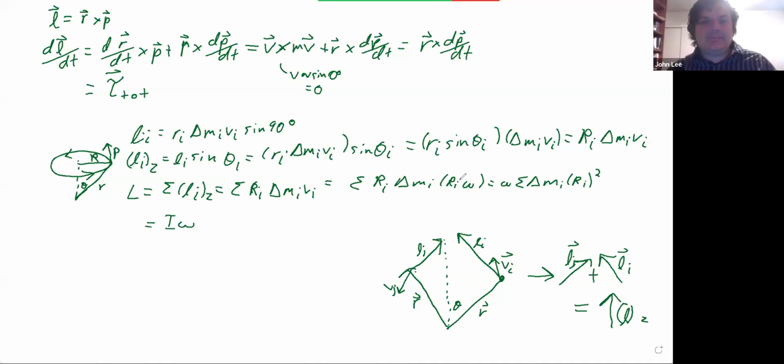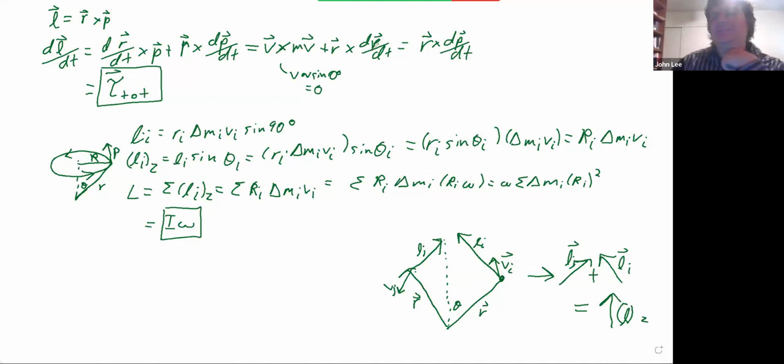So R_i delta m_i times R_i omega is equal to omega times the sum of m_i R_i squared, which is just I times omega. So L is equal to R cross P is equal to I omega, and dL/dt is equal to the total torque.